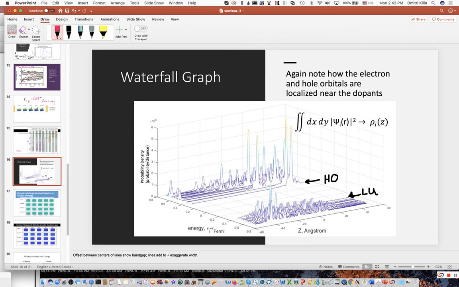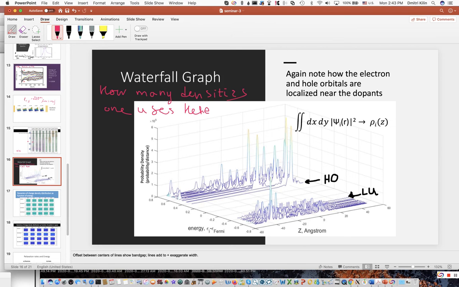You see here that the probability density is greatest on my conduction band, on the upper right hand corner, and the probability density is lowest near my valence band. Okay. All right.